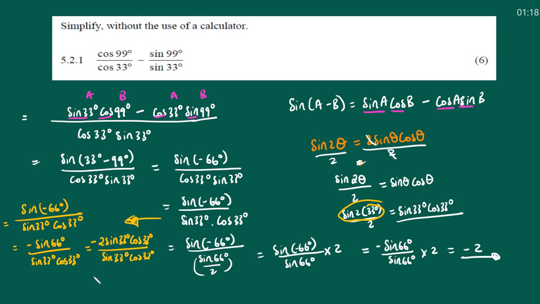The bottom part they cancel, and on the top, your answer is negative 2. So you could have done it in either this way or the other way. I think the most important part was to combine these two. If you didn't combine them by multiplying out those fractions, then it would have been a bit difficult.